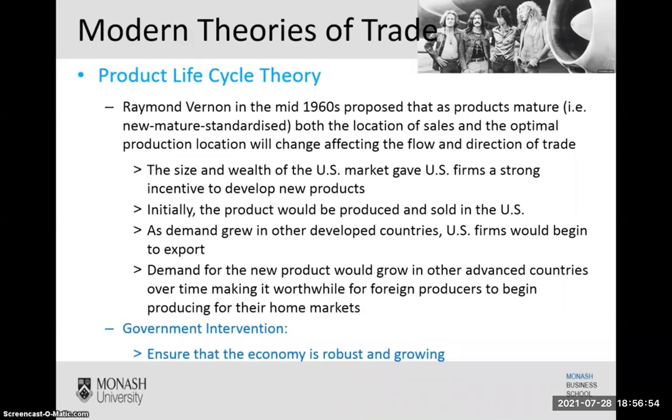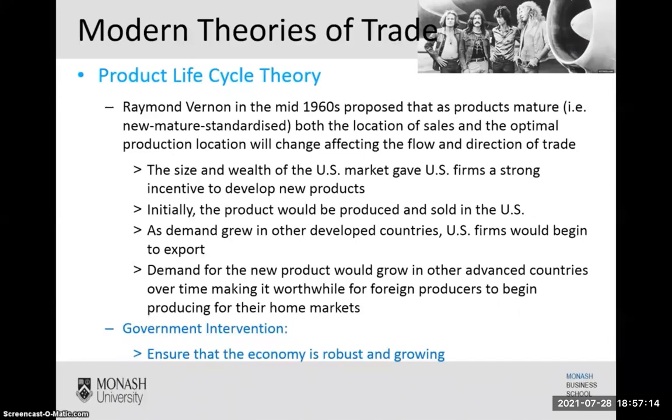As that demand for the new products continued to grow in other advanced economies, over time, it became more worthwhile for those US producers, and indeed some foreign producers, to actually start manufacturing this product in those foreign markets to cater to their respective needs.